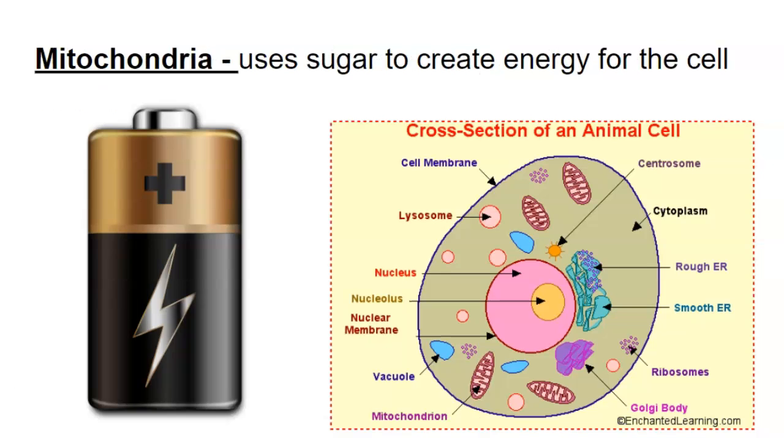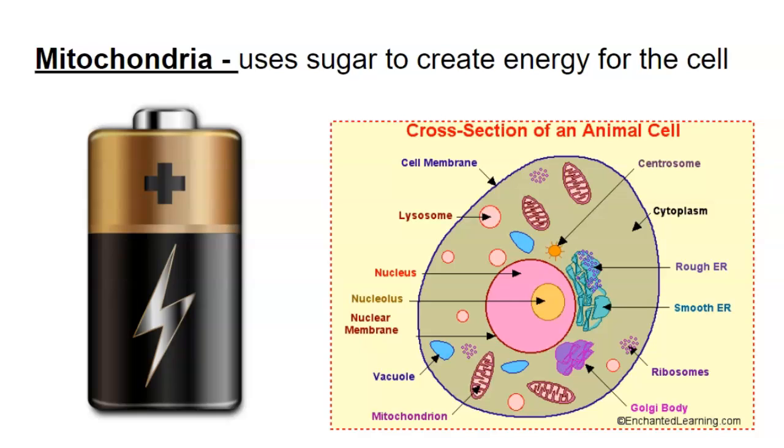All right, next up we have the mitochondria. You might remember learning this as the mighty mitochondria or the powerhouse of the cell. The mitochondria uses sugar to create energy for the cell. In order to make proteins and fold them, we've got to have energy.